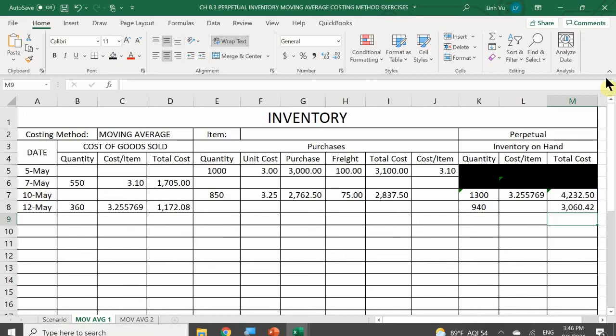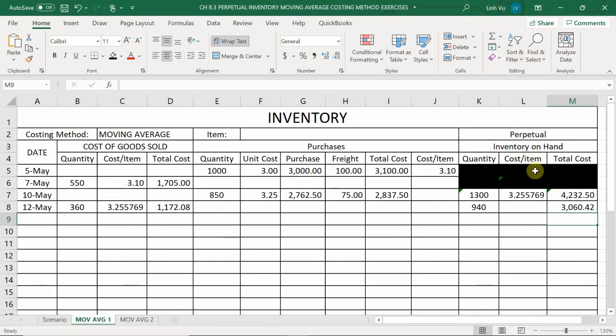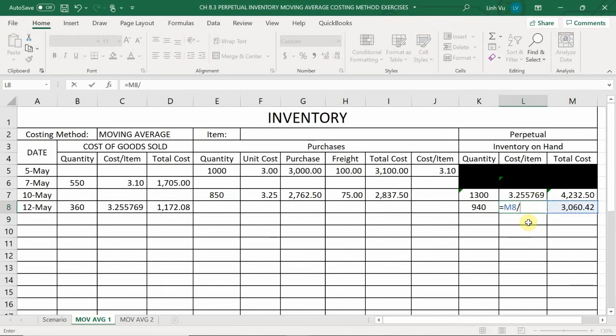Okay? So once again, I need to solve for my new average cost per item, which is going to be my total cost divided by my quantity of 940.